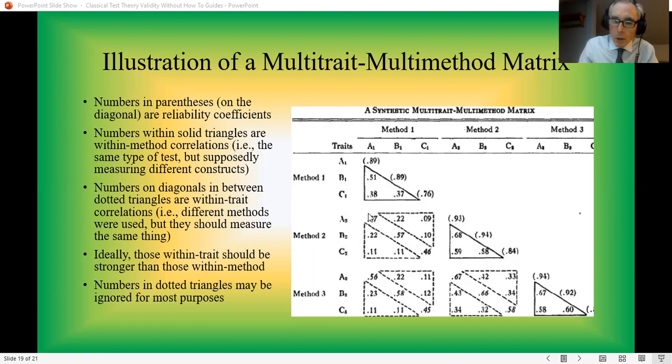So in this case, 0.57 and 0.56 should be greater than the average in here, which they are. Yeah. This gets pretty complicated. Mostly the numbers in these triangles you can ignore. It's going to be these sets along here that you're most interested in.